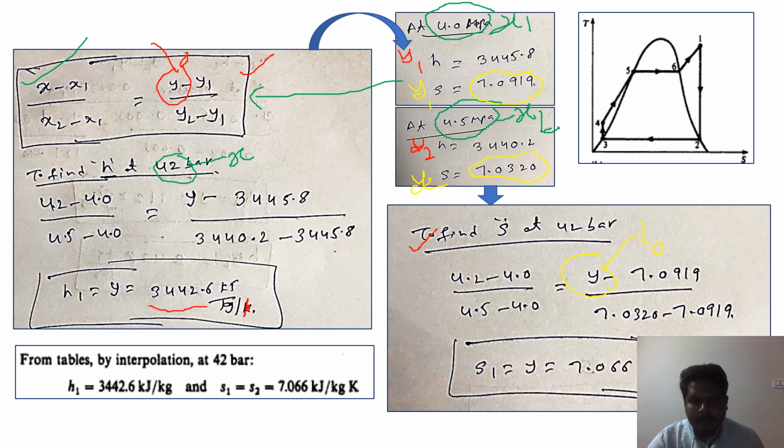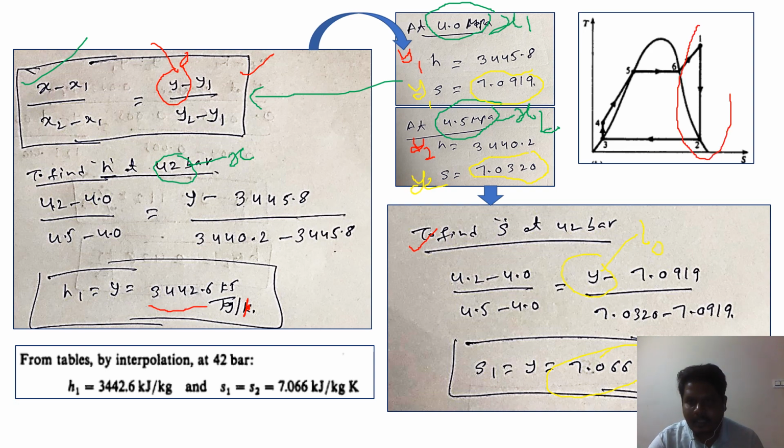Once we simplify this equation, we can find the entropy value at 4.2 megapascal. The value is 7.066 kilojoule per kg Kelvin.